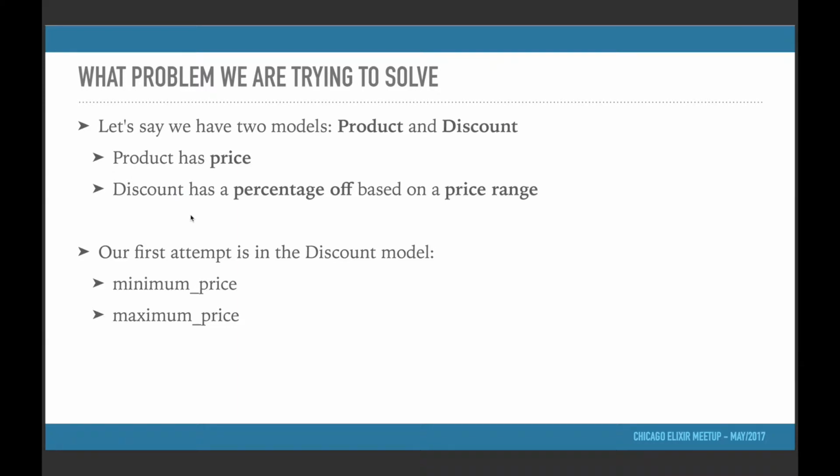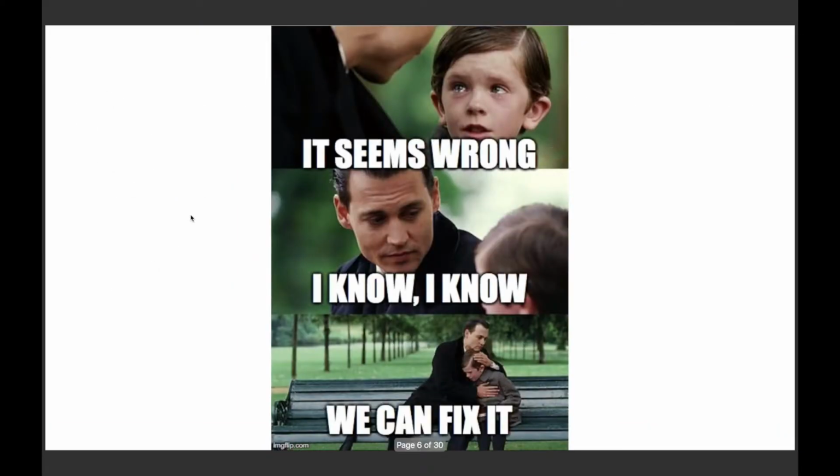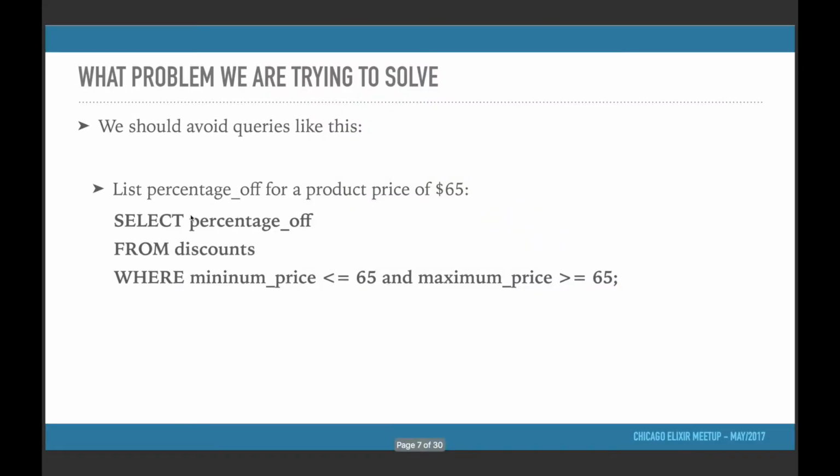You are not properly modeling your database that way. So this is bad. It seems wrong but sometimes works. Depending on how simple your use case is, you can make it work. But we would like to try to avoid queries like that.